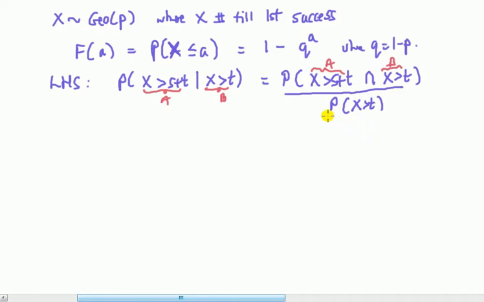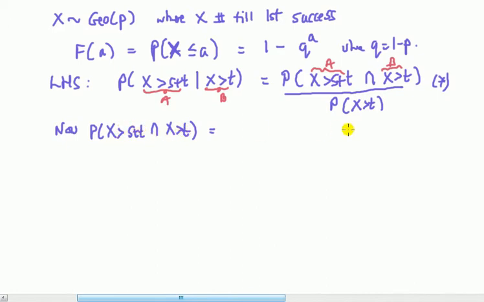Right, so we look at this and think, what do we do? Let's look at this top one, and call this star, so we can refer back to it. Now, the probability x bigger than s plus t and x is bigger than t, does that simplify? It means that the number of trials for the first success is more than t, and it also has to be more than s plus t.